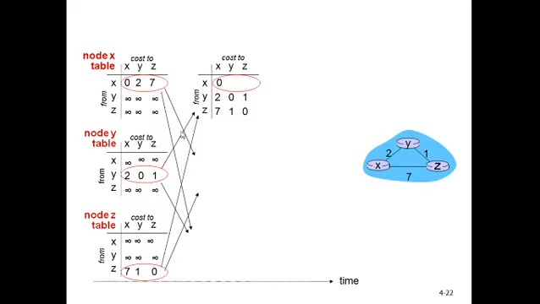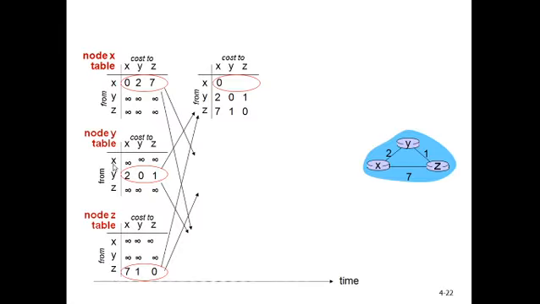So here you can see the arrows that this autonomous system has three nodes. X will share its personal information with Y and Z. You can see these two arrows.